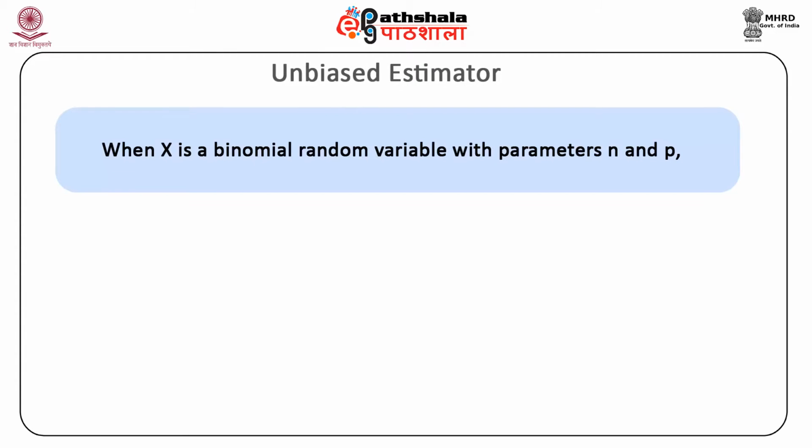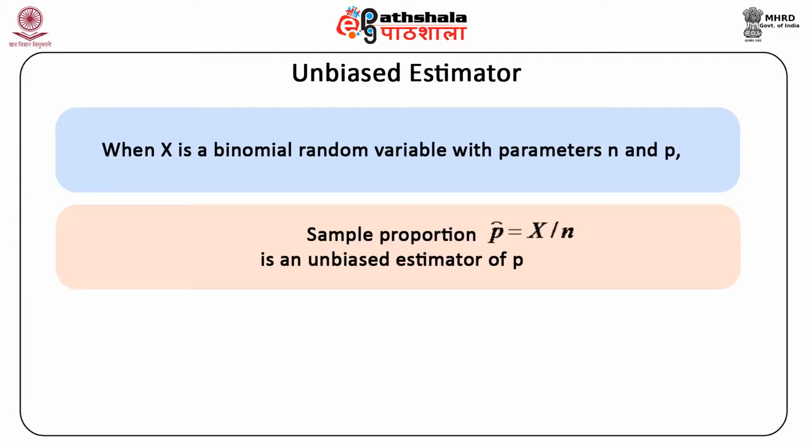When X is a binomial random variable with the parameters n and p, the sample proportion p hat, equal to X by n, is an unbiased estimator of p. This is proved as follows.